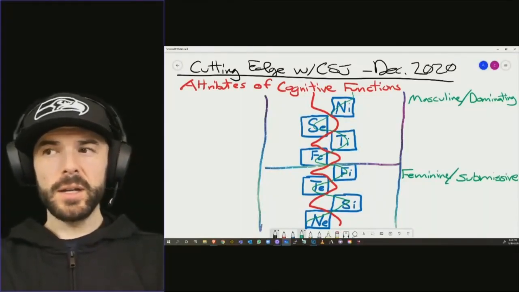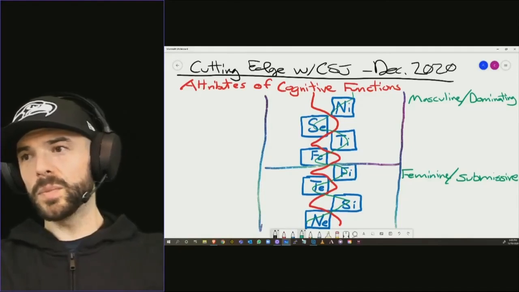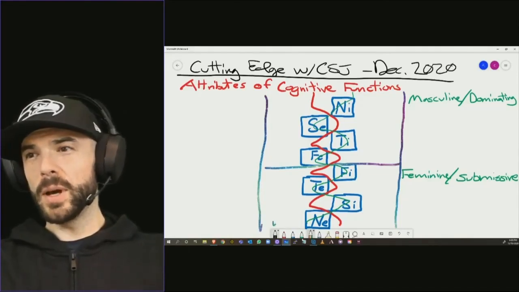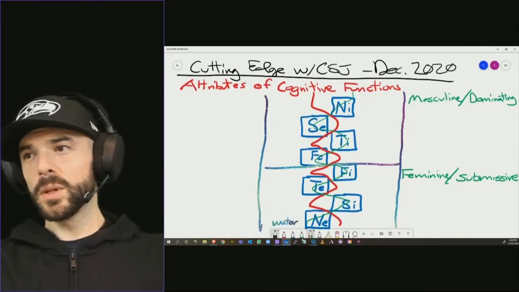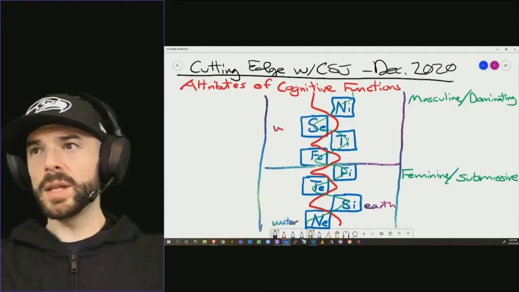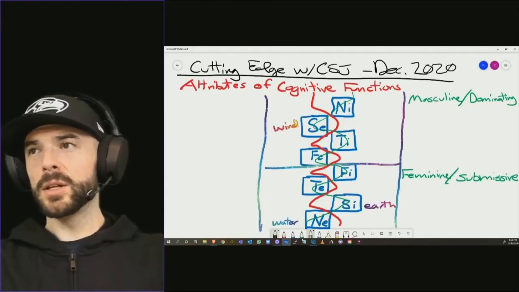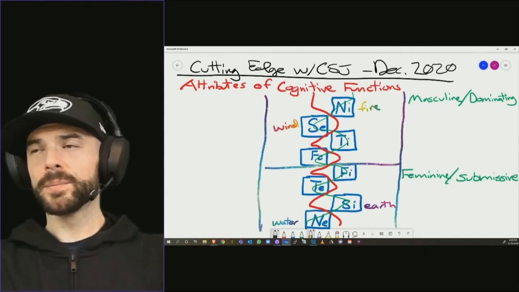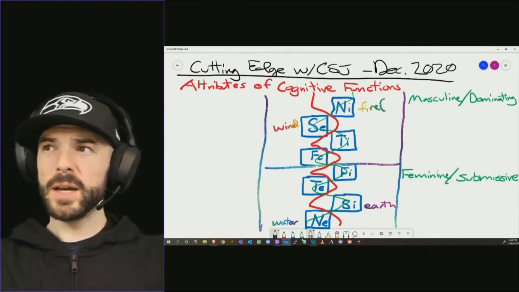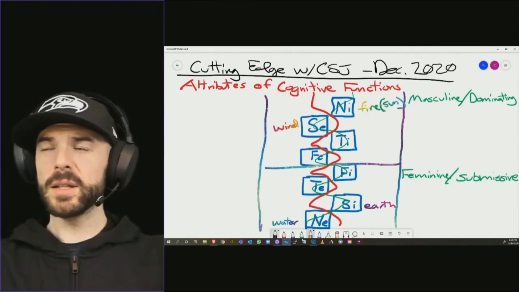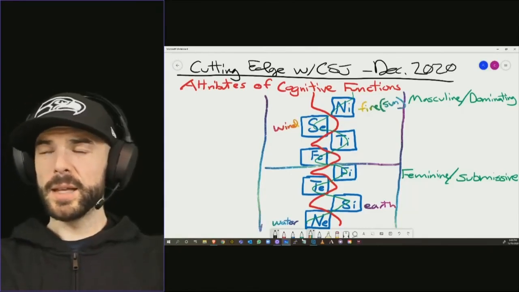So right here, and then furthermore, if you want to go even further, you have water, you have earth, you have wind, and you have fire, also known as the sun, at the top.